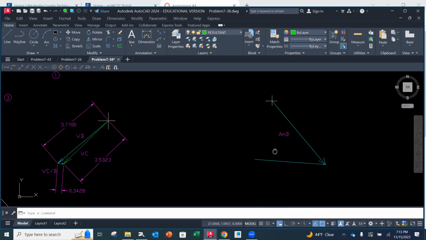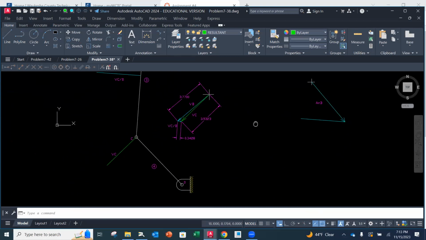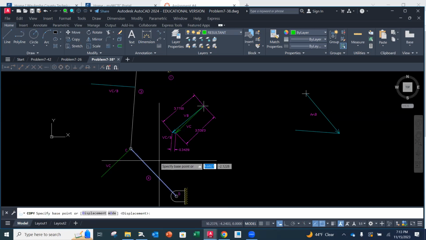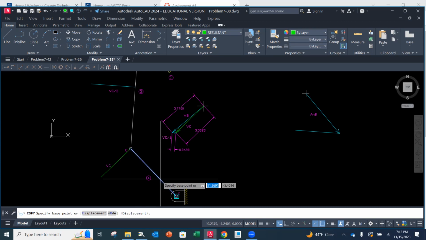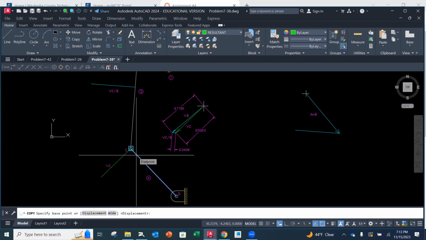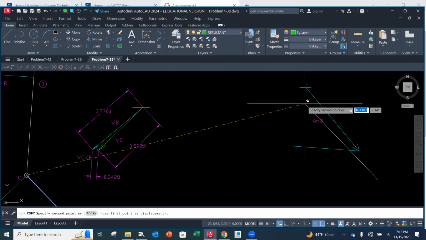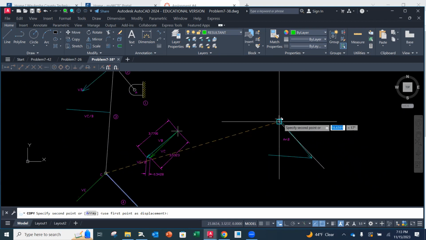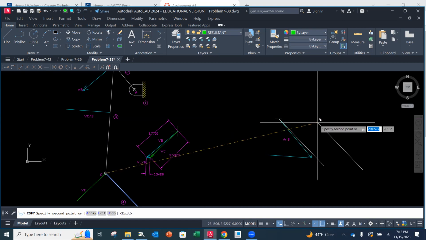So that means it's going to be along link number 4. So I'm going to do a copy of link number 4. And I'm going to start its tail. Oh my gosh, is that right? From, yeah, it goes from there to there. Okay.